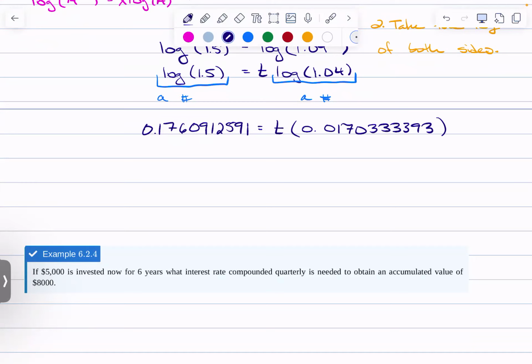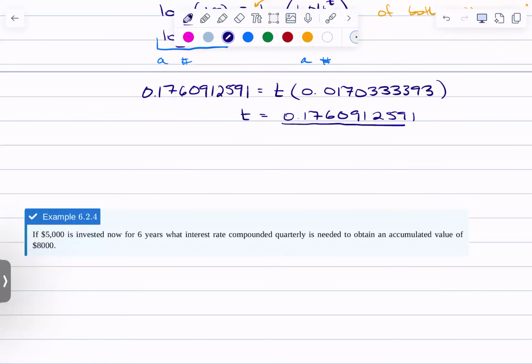Which means that T is 0.17609125591 divided by 0.01703333393. Or it might be simpler to say the log of 1.5 over the log of 1.04.